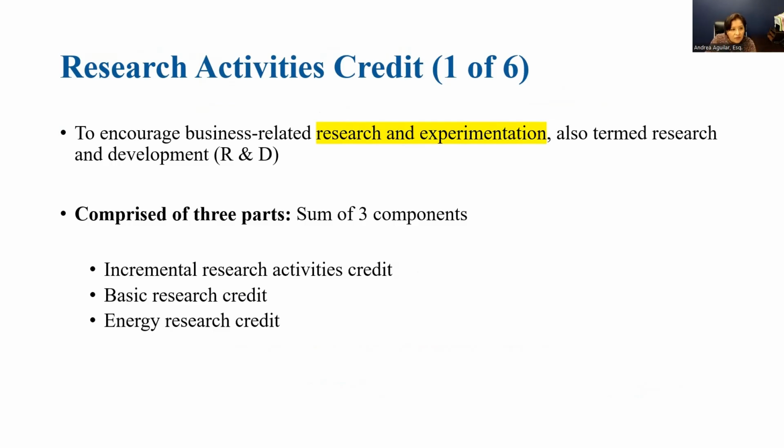So we're going to share more information about this particular credit, but we want to encourage businesses to spend money on research and experimentation. This is the famous research and development credit, R&D. So there are 3 parts that you need to keep in mind. We have the incremental research activities credit, the basic research credit, and the energy research credit.